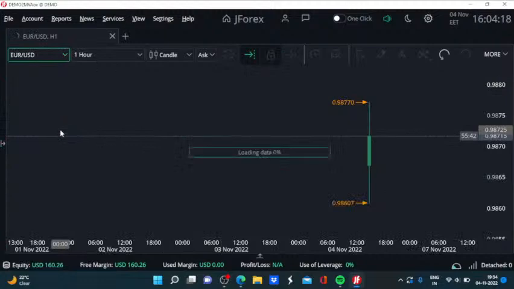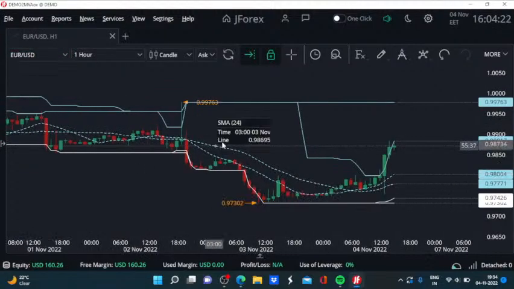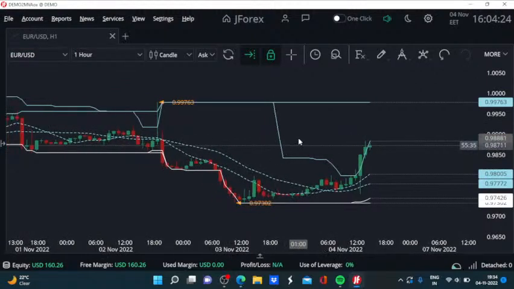Now let's see the EUR/USD's actual price, current price in terms of its moving average price. We have the EUR/USD at significant deviation from its 24 as well as from 12-hour moving price.